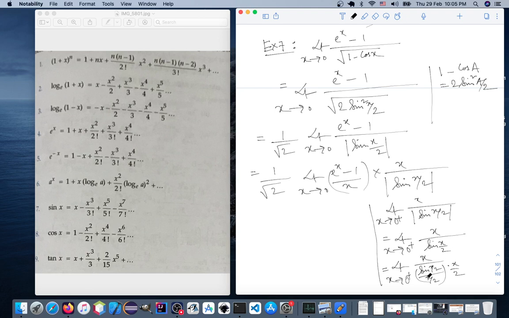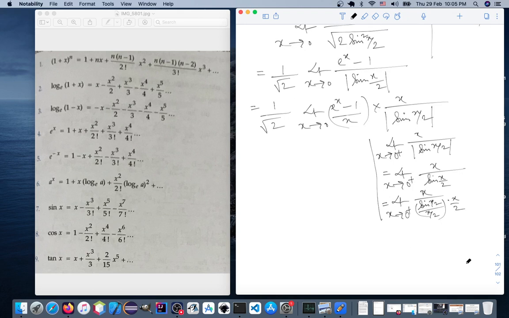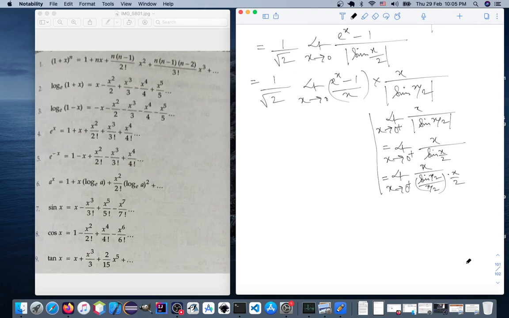So we put x by 2 in the denominator of sine x by 2 and adjusted it by multiplying with x by 2, and this becomes 2.